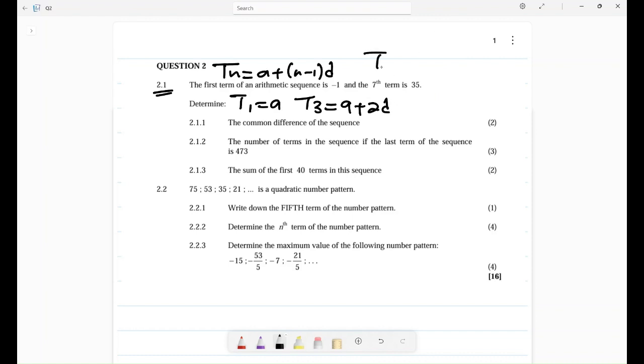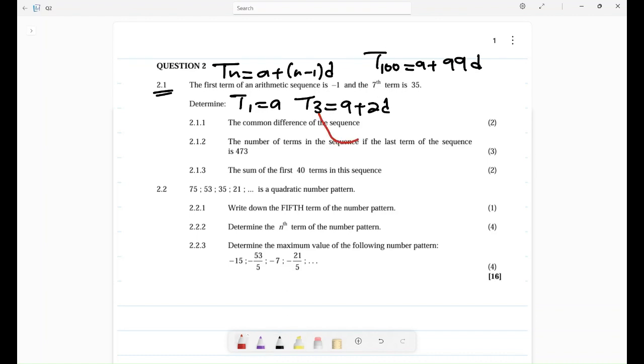The last one, T100. It's going to be a plus (100 minus 1)d. Then 100 minus 1 is 99, right? Which is 99d. So can you see the pattern that I'm seeing here?